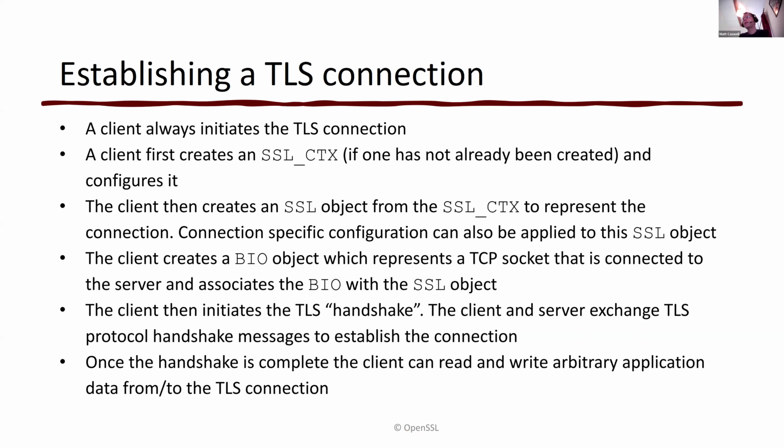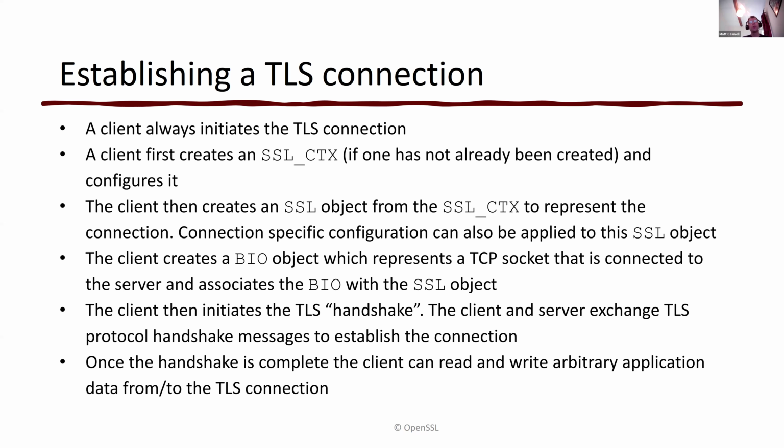Okay, so now we have our SSL context. It's set up, it's configured. It knows where its trusted certificate store is. Now we need to create the TLS connection itself. The client always initiates this, and it creates it using the SSL_CTX that we created earlier. We can, if we want, apply some connection-specific configuration to that SSL object.